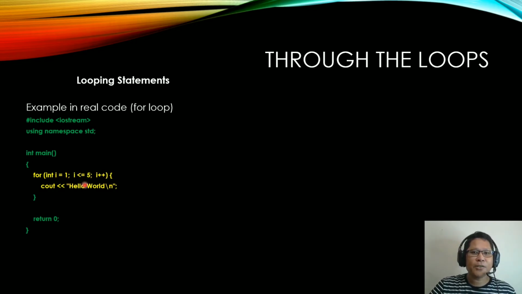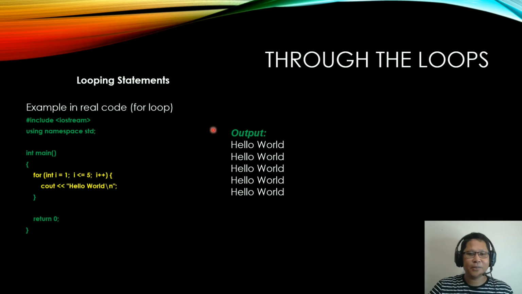Okay? So this is the for loop statement. Based on the condition here, 1 is less than or equal to 5, we can tell that when we execute this code, we will print hello world 5 times. Okay, so just like this. This is the output.